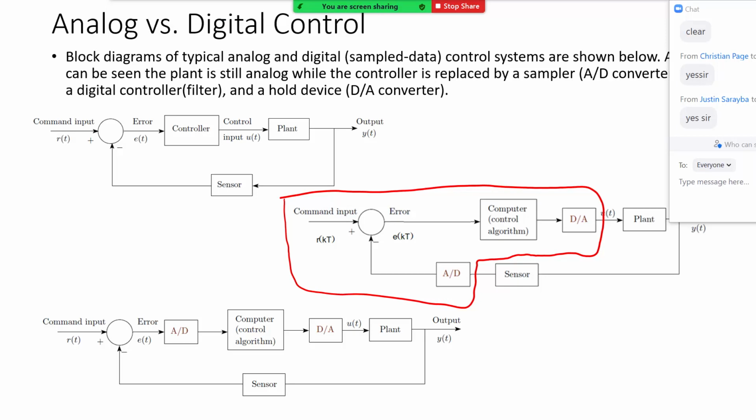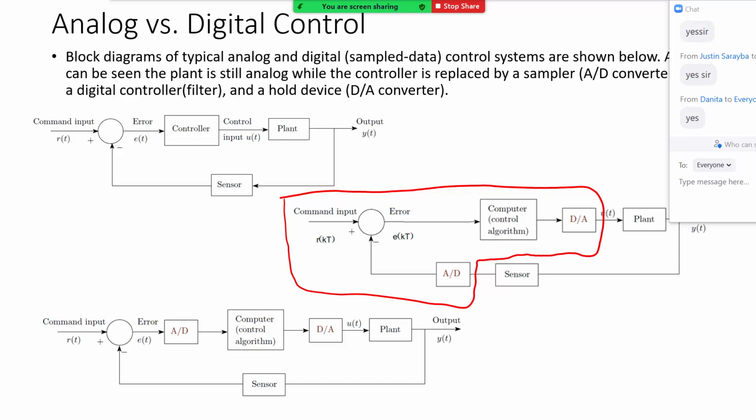Now, I mean, somebody might look at this and say, okay, what do we need the whole semester to do this? I mean, we already designed the controller. Why don't we just convert it, analog to digital converter, digital to analog converter, take that controller, try to convert it as much as possible into a digital equation, and we're done. And the answer, I mean, that is one way of doing this.